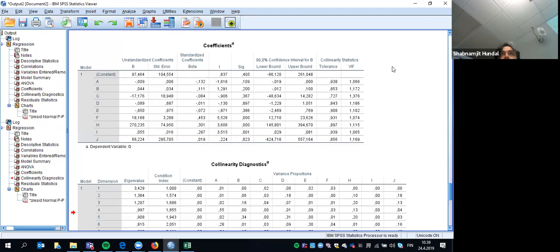And this problem is called collinearity, that we want to see more of the relationship between the independent and the dependent variable. But the problem is here that the independents are more related or more correlated to each other. This is a problem.